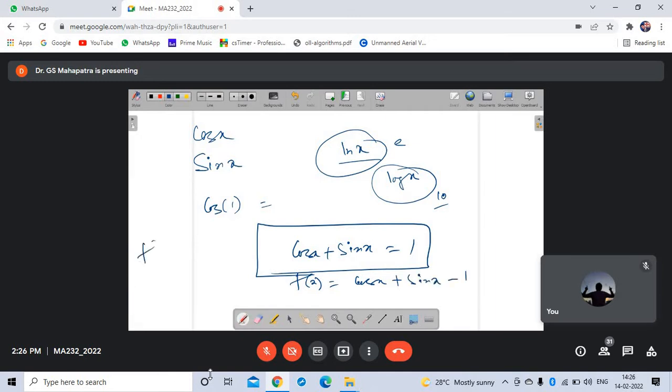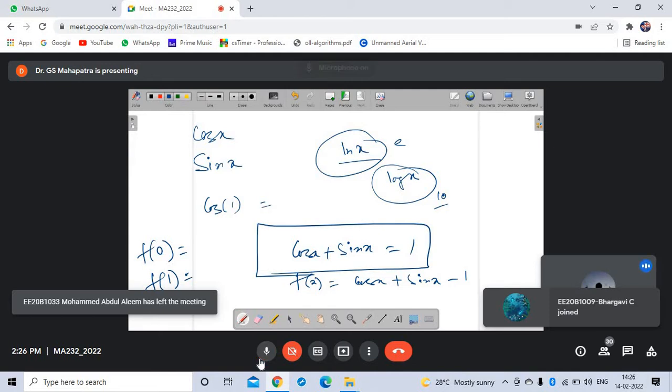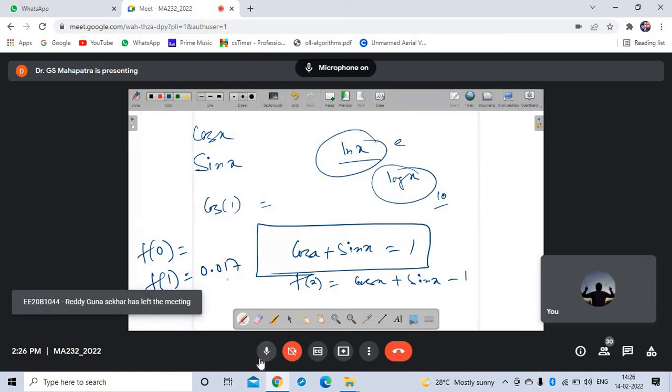Now f of 0, what is the answer? 0. F of 1 in degrees is 0.017.